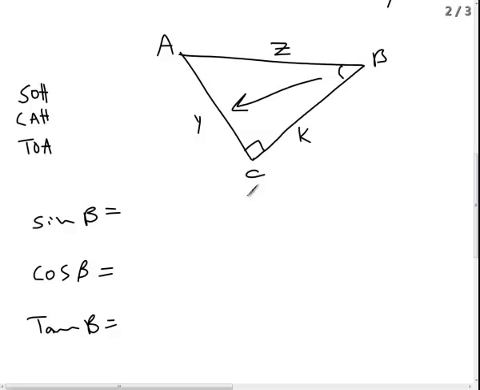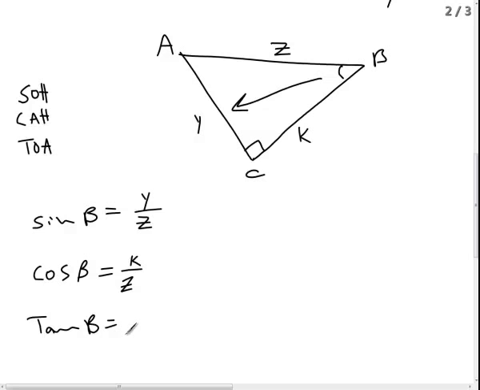Okay, Dylan, sine. Okay, Y over Z, opposite over hypotenuse. Good. And cosine? Good. K over Z. Adjacent over hypotenuse. Good.